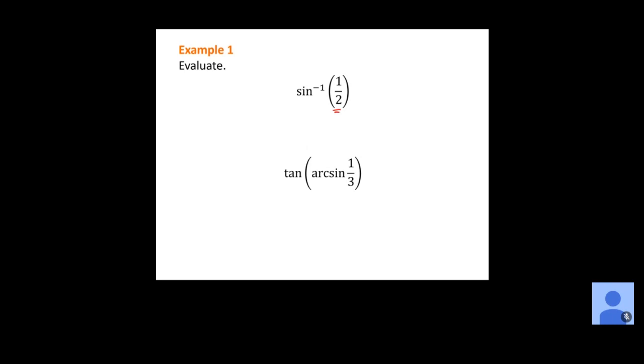Okay, so I'm trying to find what angle has a sine value of 1/2. That's my goal. Well, does anybody know what angle in terms of radians would have a sine value of 1/2? Think about your unit circle.